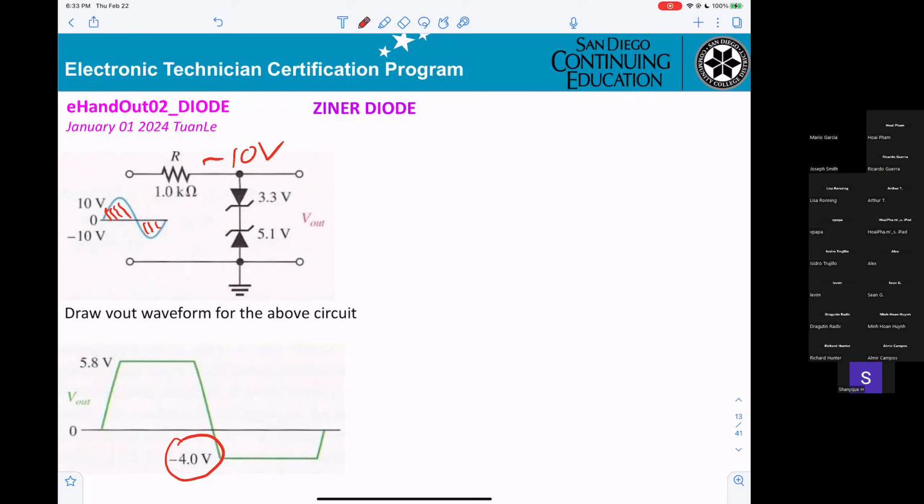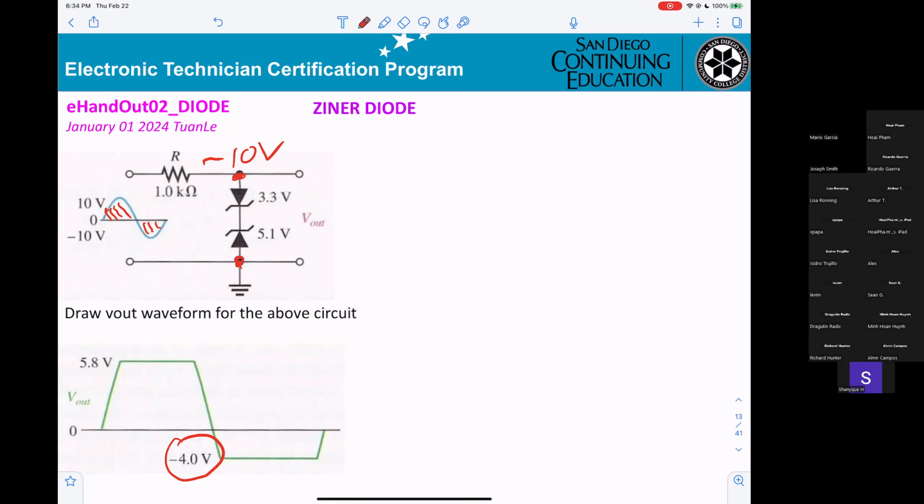So you're saying treat both diodes like regular diodes? Yeah. The thing is the voltage is not higher than 3.3 or 5.1. And basically you get this ground here, 0, and the other side here, minus 10.